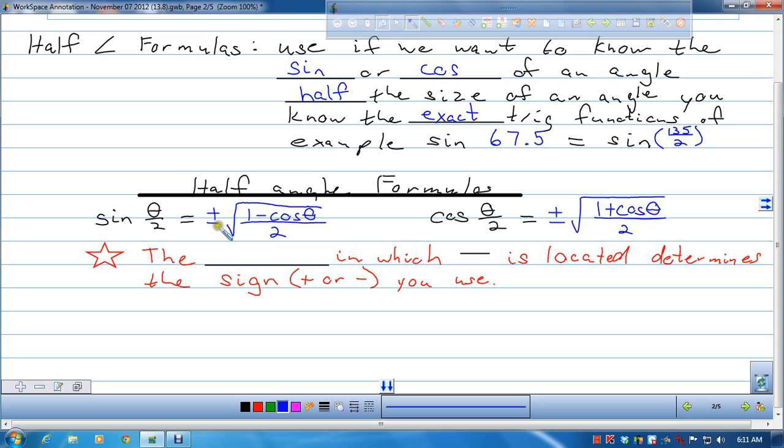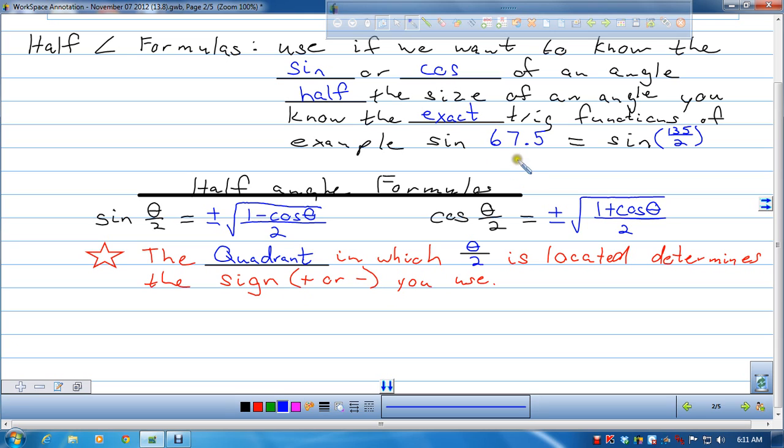So what we will be able to decide here, though, is whether it is actually positive or negative. Because the quadrant in which alpha over 2, or the angle we're trying to find, is located, up here it would have been 67.5, will tell me whether it's going to be positive or negative.